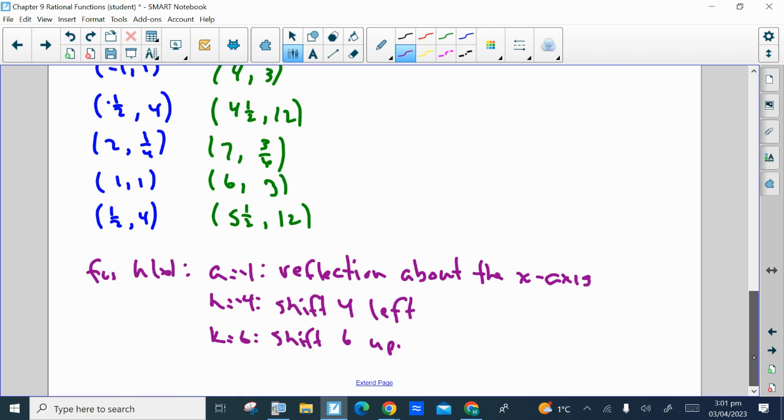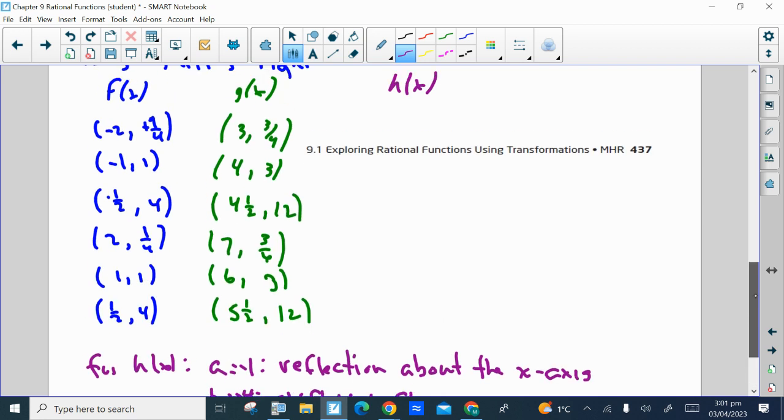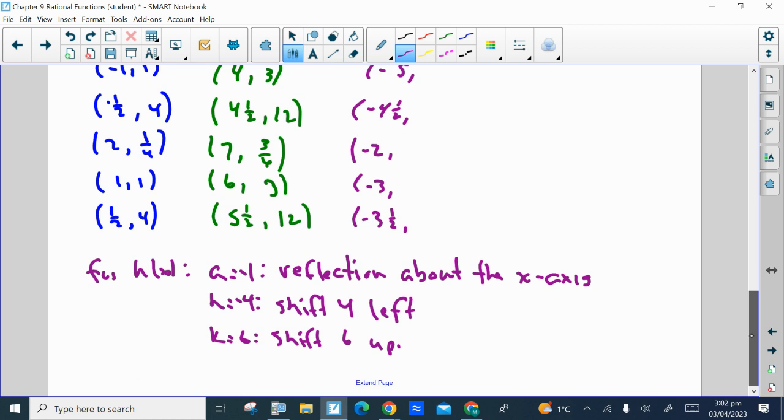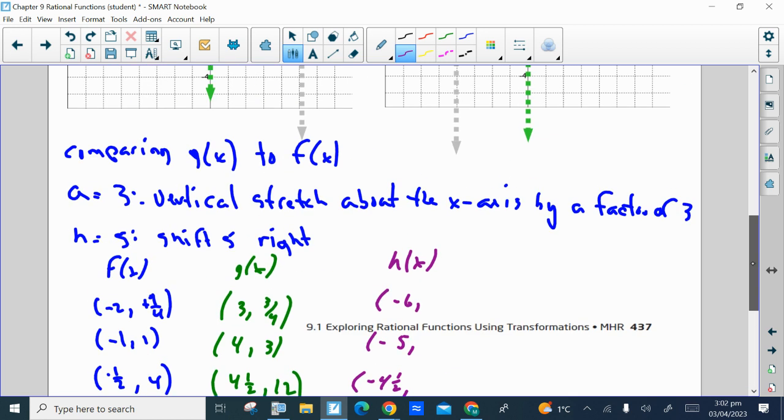So the ones that are going to affect our x values are only the h component of -4. We got to go 4 to the left. So from f, we're going to subtract 4 from all the x values. And then for the y values, we're going to multiply by -1 and add 6.